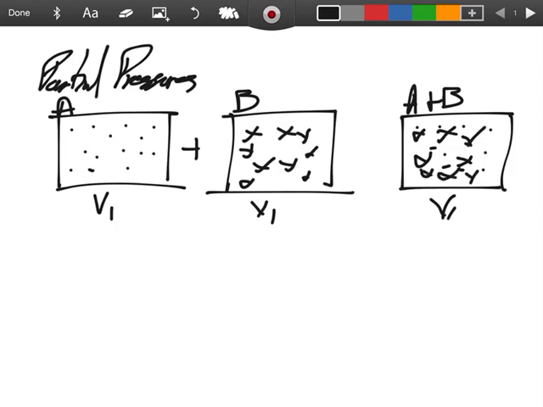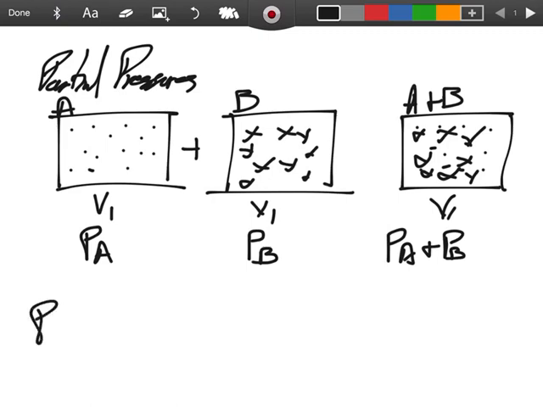So if this is true, remember that since they are gases, they have pressures, and that means that there's going to be a pressure associated to A, and there's also going to be a pressure associated to B. And if that is true, that means also that I am going to add the pressure of A plus the pressure of B. No matter what, when I add PA and PB, the addition of these pressures is always going to be higher than PA.